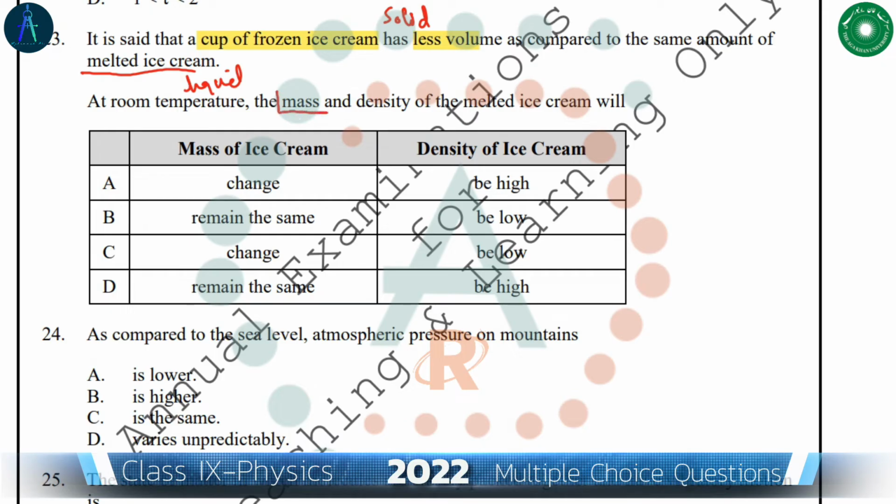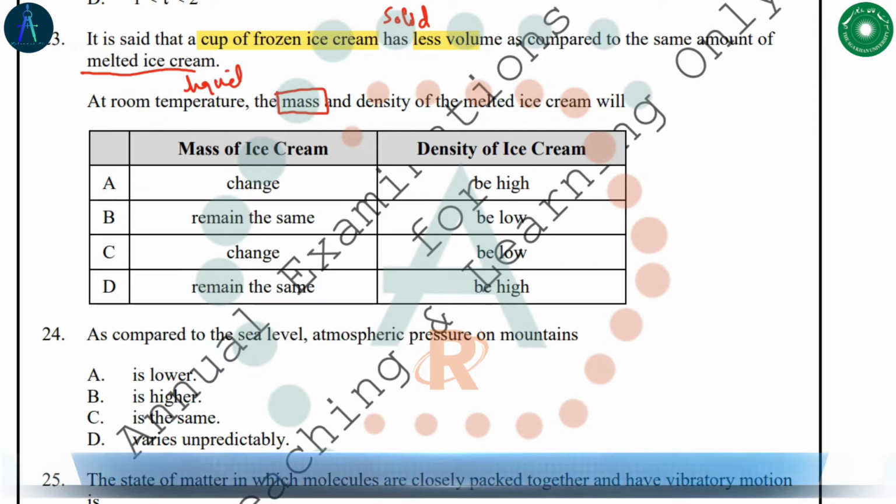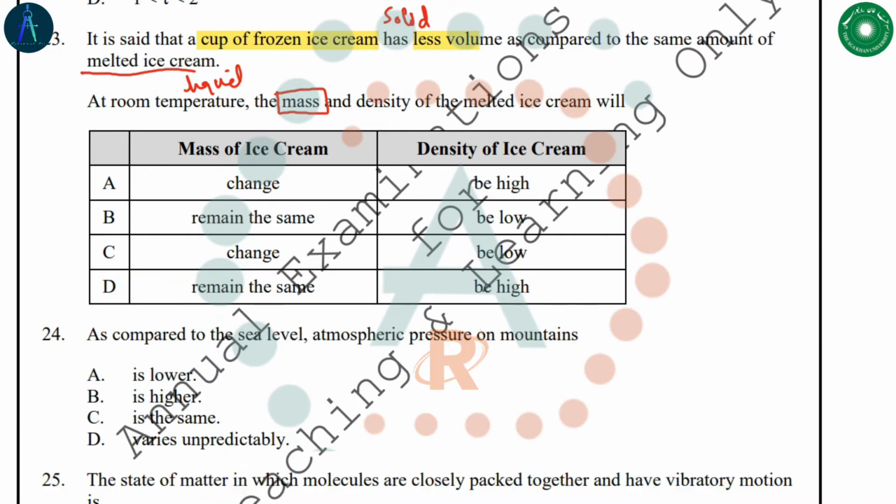So we know that mass is the quantity that remains the same. Whether the ice cream is in the solid state or the melted state, the number of particles present in that ice cream would remain the same. But if we talk about density, in solids particles are very close to each other, which enables them to occupy less volume, and with less volume the density increases.